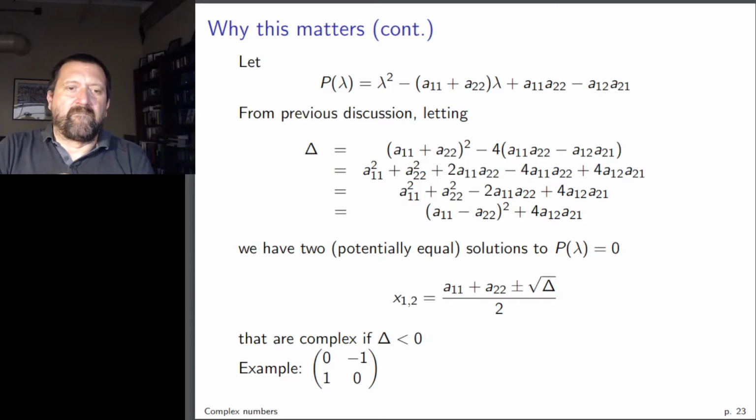And I suggest that you take a look at this example here. For example, compute the eigenvalues of this matrix, and you will see that they should come out to be complex. And that's it for complex numbers.